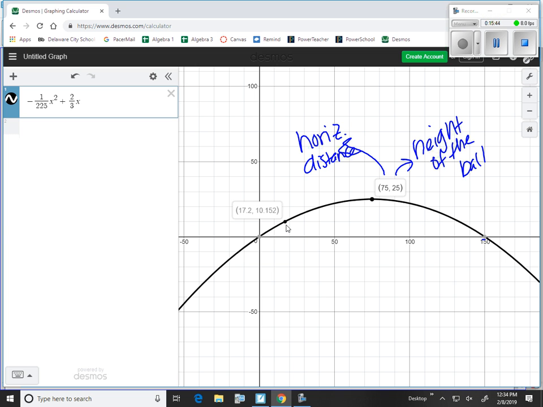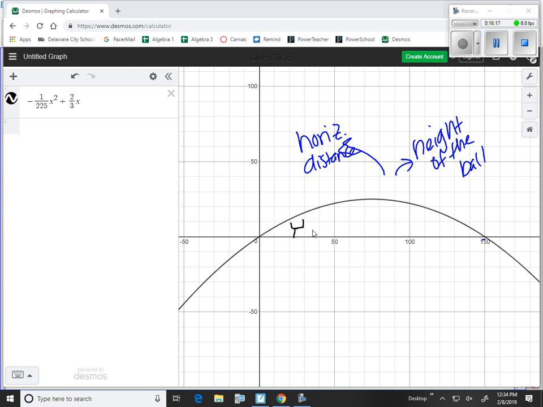Let's think about it realistically. If it gets up to 25 feet at 75 feet, would it pass through at 10 feet, 45 feet? It definitely would, right? Because it's highest at 25.